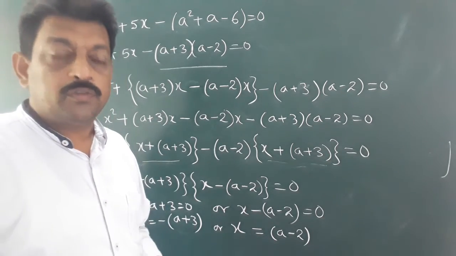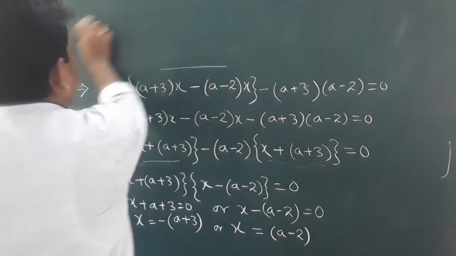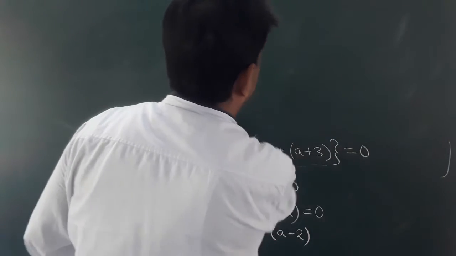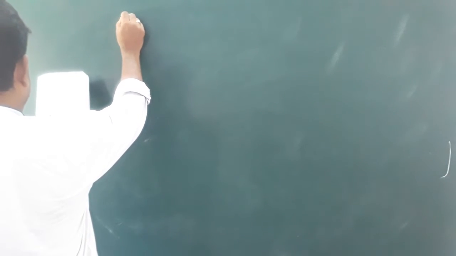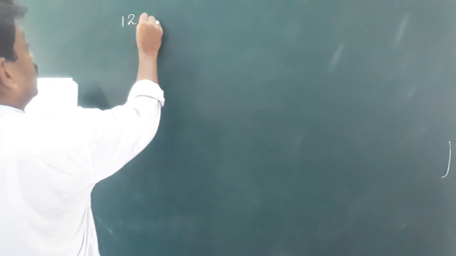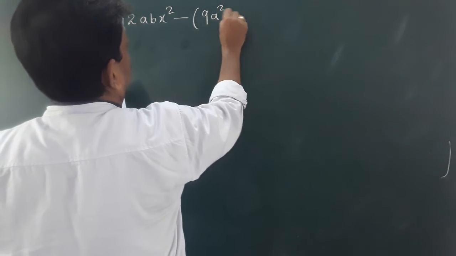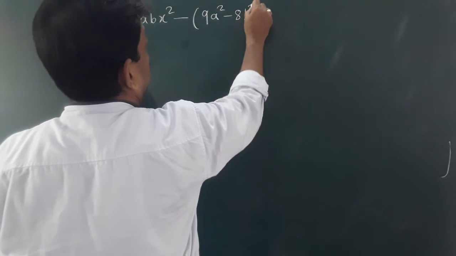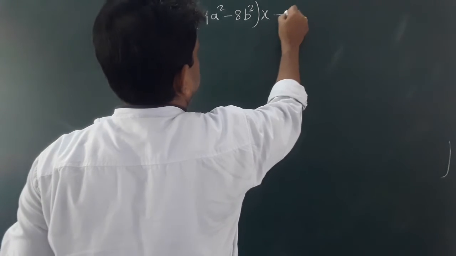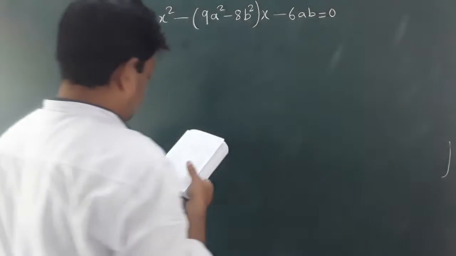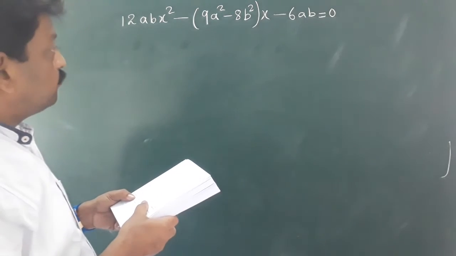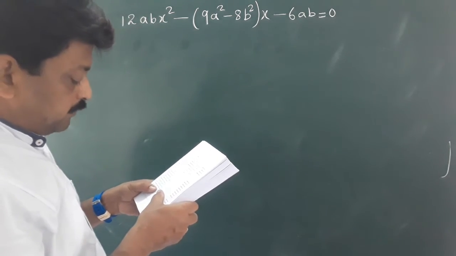I'm doing one more question, one more example. (12ab squared minus (9a squared minus 8b squared)) multiplied with x minus 6ab equals 0. That is 12ab squared minus, inside the bracket, 9a square minus 8b square, multiplied with x, minus 6ab.